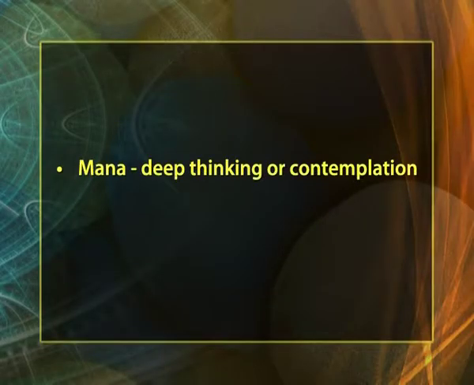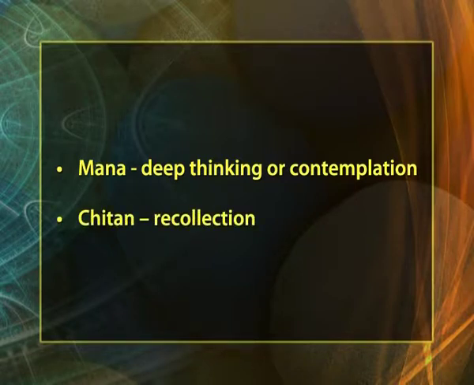Deep thinking or contemplation was called Manan and recollection was called Chintan. Free and frank discussion through question-answer technique would form a part of deliberations. Intellectual appreciation of the truth was possible through this method only.